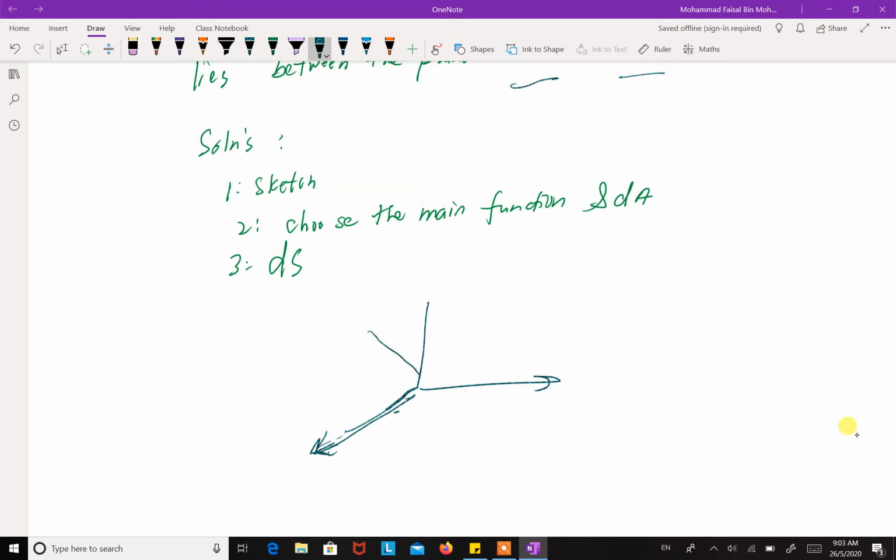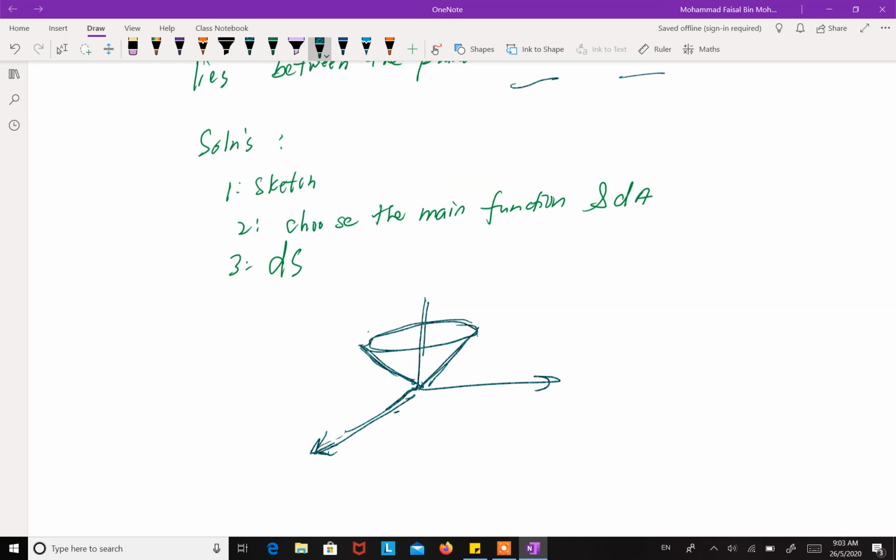Here we have the cone, and then we have z equals to 1 and z equals to 2.